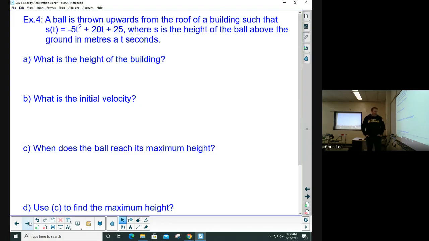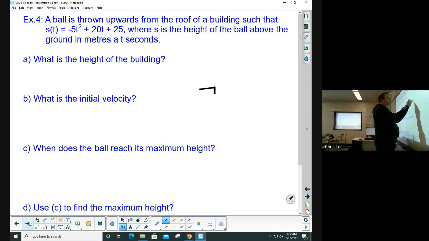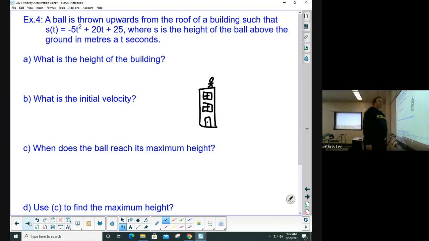So as you're writing this down, I'll just draw a picture to allow you to visualize what's going on, but we don't need the picture to solve this. So this person standing on my building, again, please don't get distracted by the awesomeness of my artwork. And we're going to assume they throw it off from this spot here, right from the corner of the building, and it does something like this.